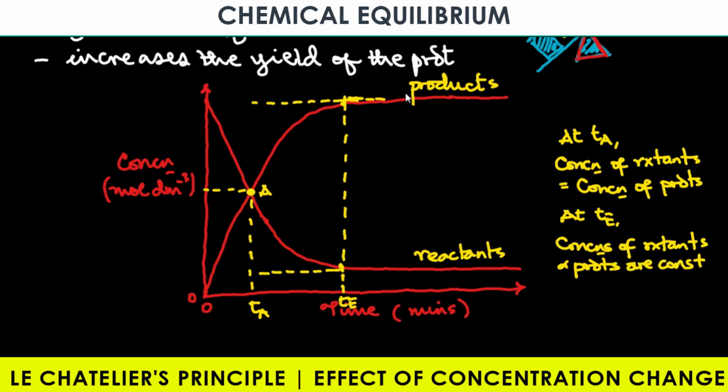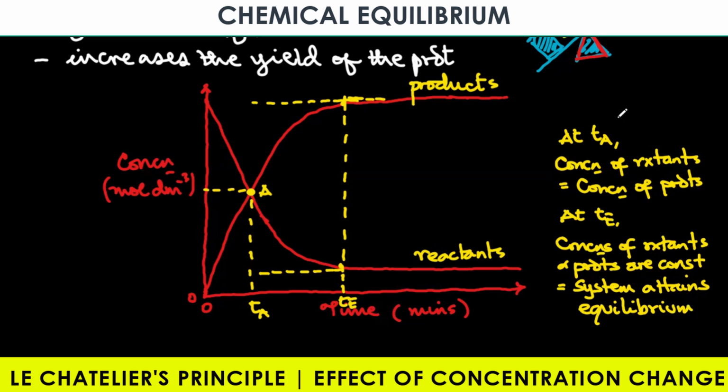So which means that at that point, the system attains equilibrium. Are we together? Yes. So which means that if we eventually change the concentration of any of these, if we increase the concentration of this reactant, definitely the concentration of the product will also increase or change, as the case may be, right?